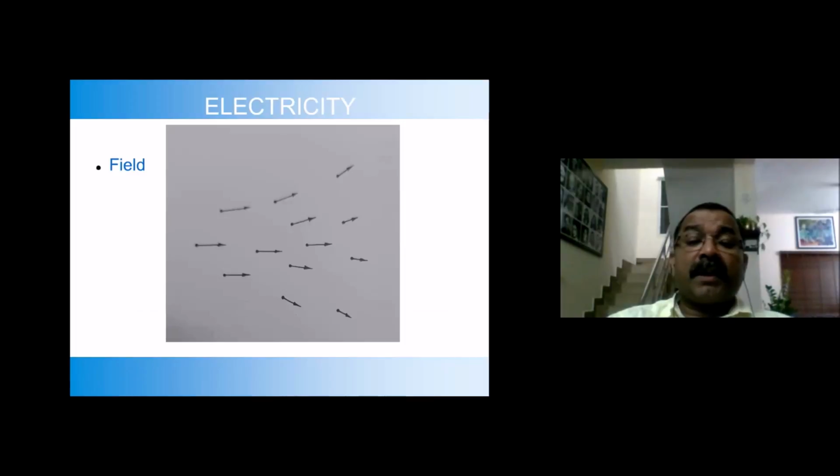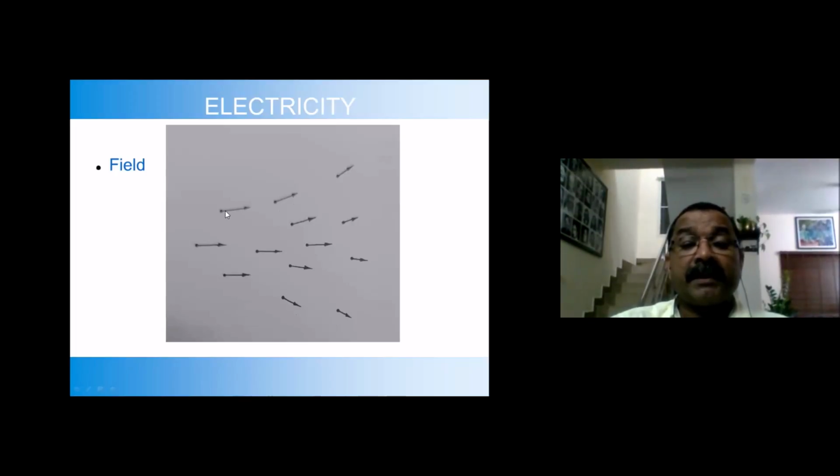This is one type of representation of a field. We can represent a field like this. This is a ray. At each point, depending upon the strength of that field, we draw a ray, and its length will depend upon the strength at that point.